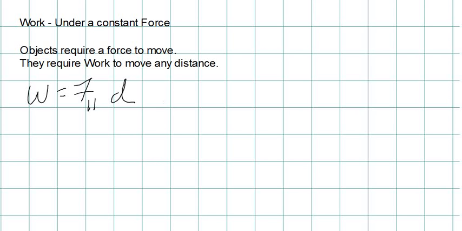So let's actually break that equation down a little bit. Now work is simply a joule. That's the unit for it. Of course, the unit for force is newtons. The unit for newtons, of course, is kilograms times meters per second squared. And distance is just a meter.